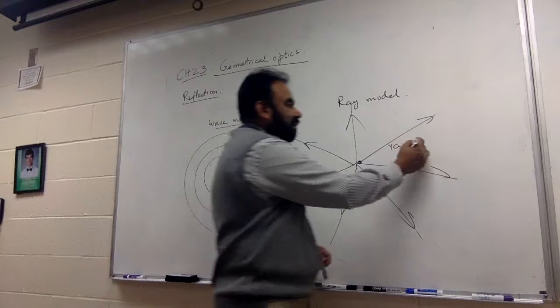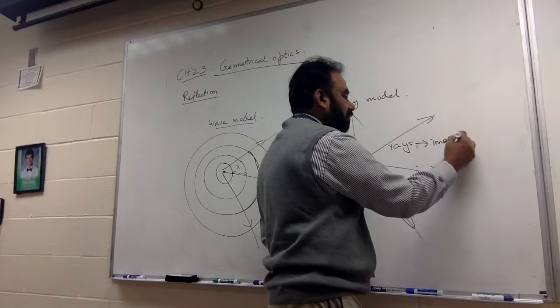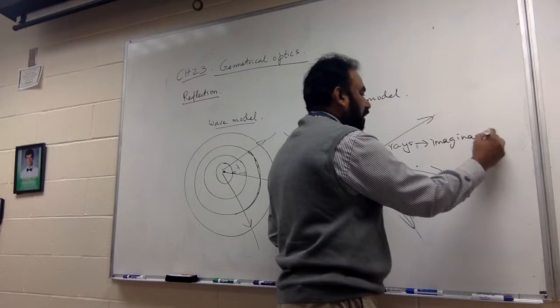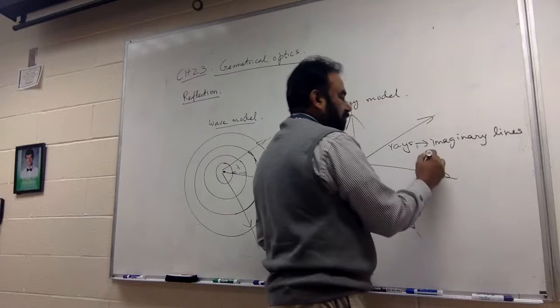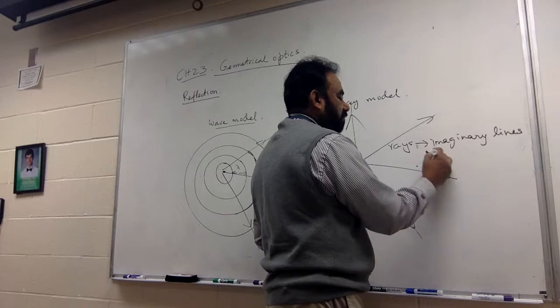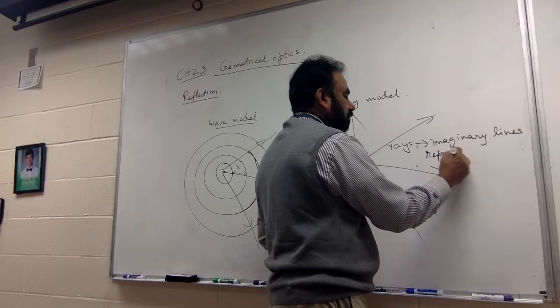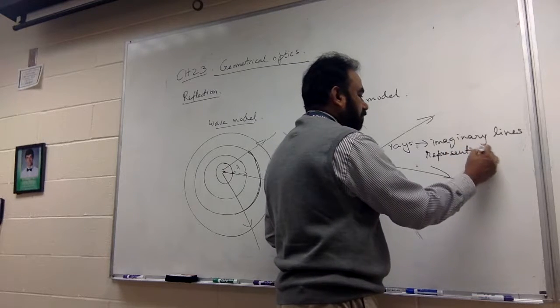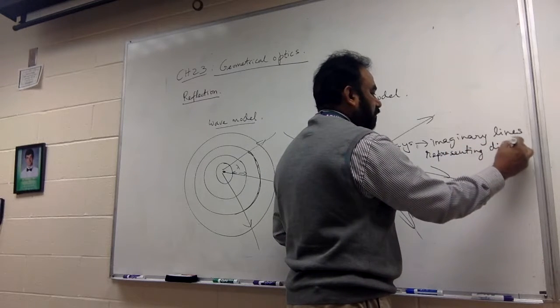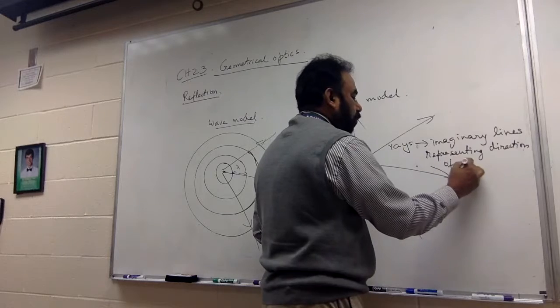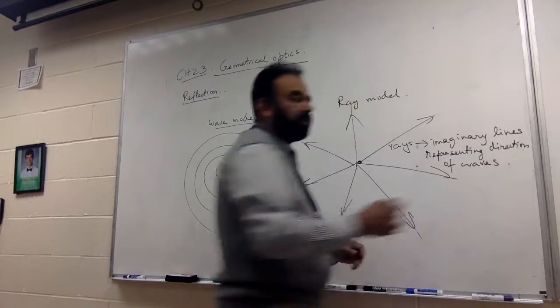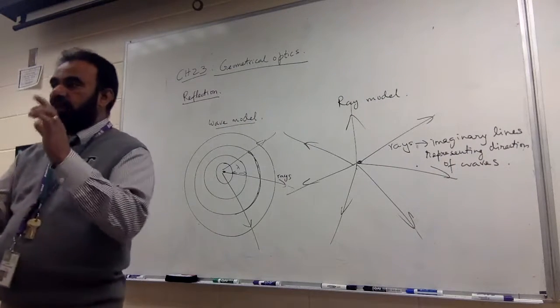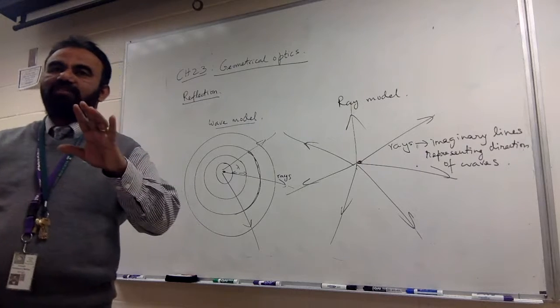Rays are imaginary lines representing the direction of waves. So the wave is the actual true thing, but rays are just for simplicity.